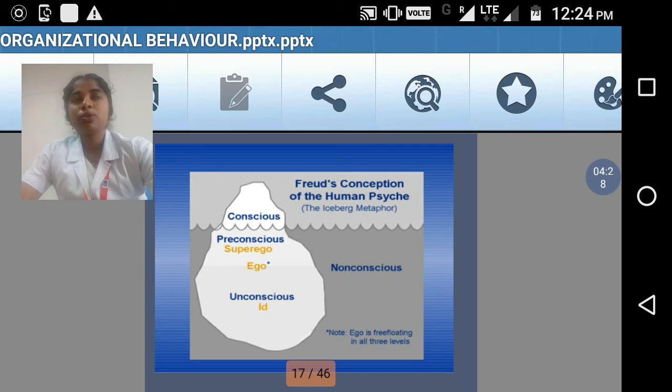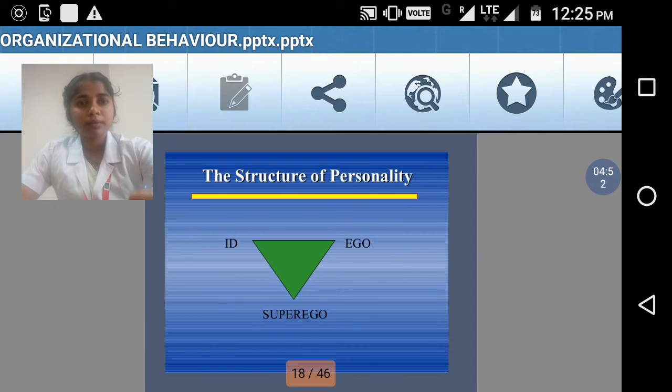The superego cannot take that ice cream, because it knows morality and follows ethics, so it doesn't take it. This is the example for id, ego, and superego, explained by Sigmund Freud. This is the psychoanalytical theory.